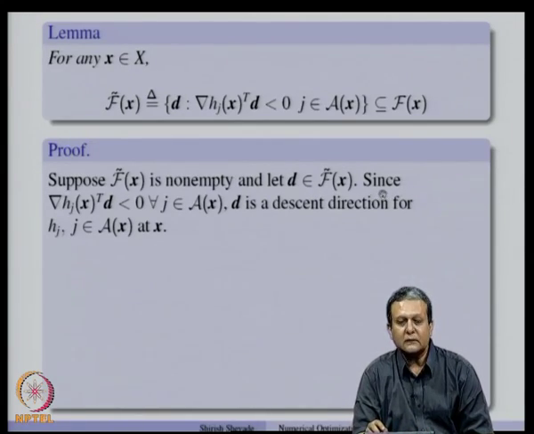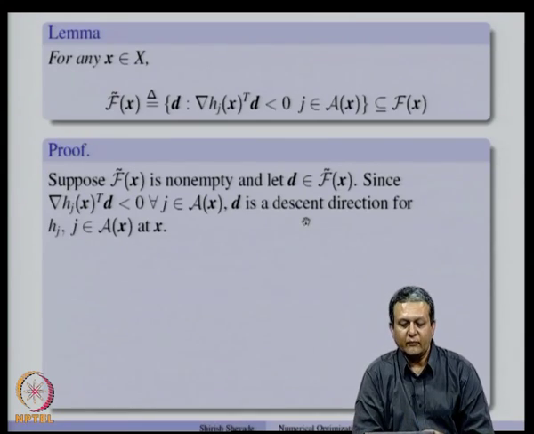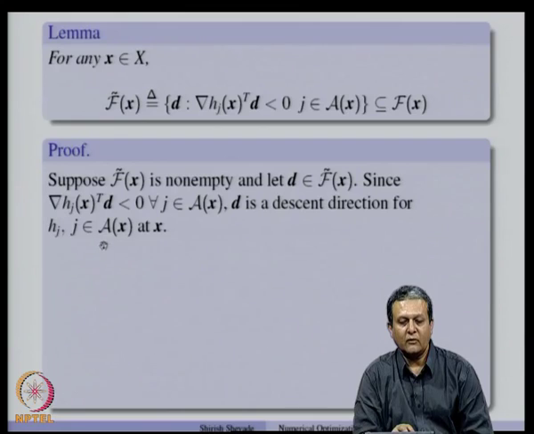Since gradient h j x transpose d is less than 0, that is, d makes an obtuse angle with all the gradients of the active constraints, we know that d is a descent direction for the function h j, where j belongs to A x.